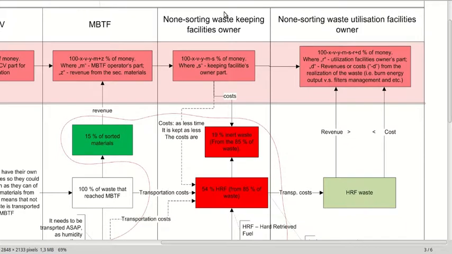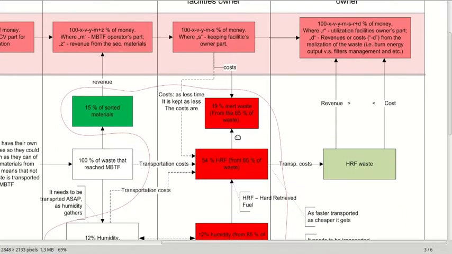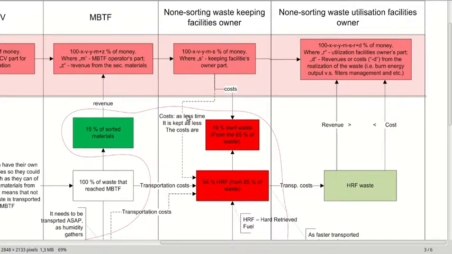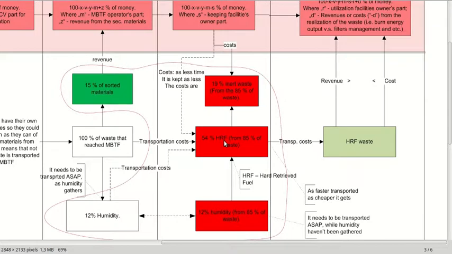Yes, if we would keep that stuff without any further action on it, it would cost. So the cost for the water, and for the hard retrieved fuel, which is the stuff which burns. This is stuff which doesn't burn.